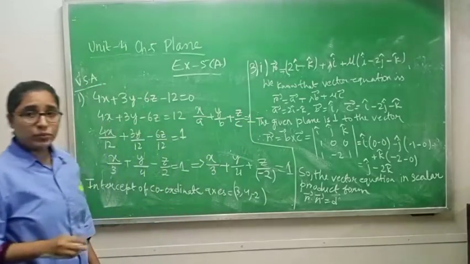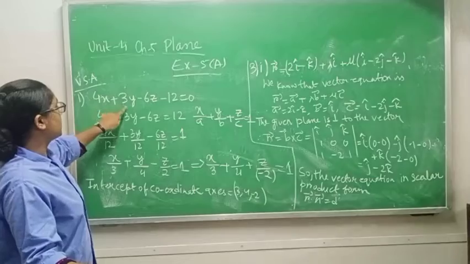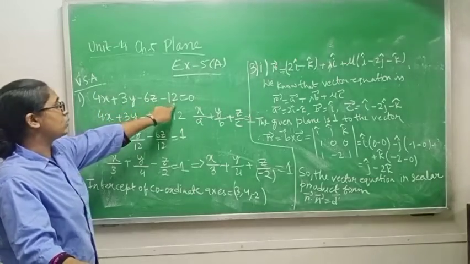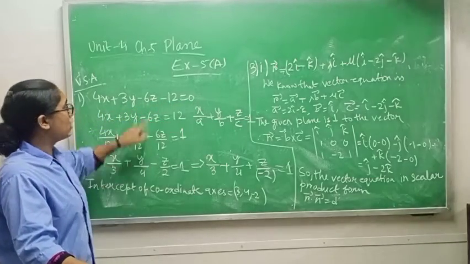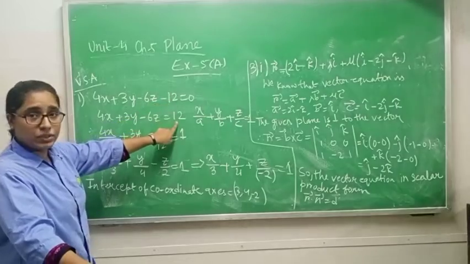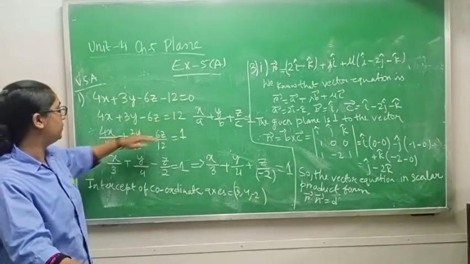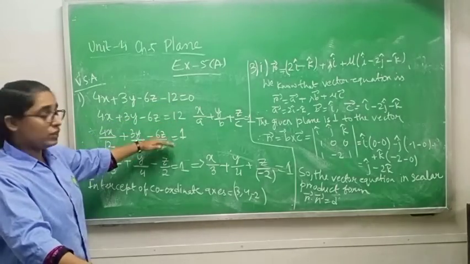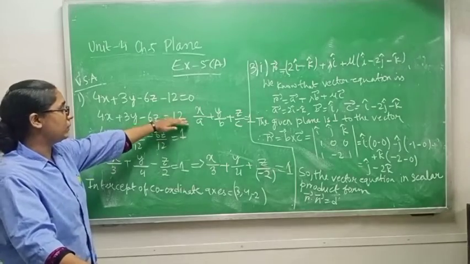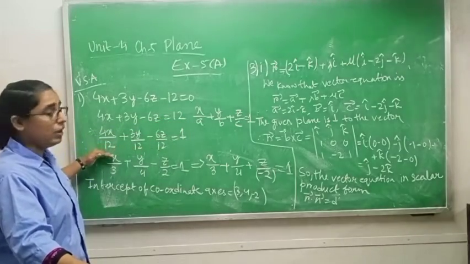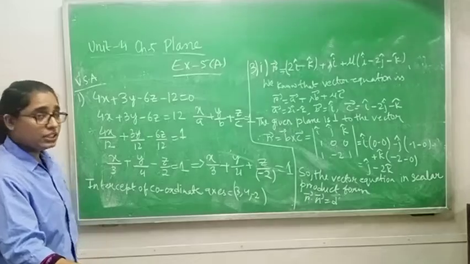This is your intercept form. So it is given 4x plus 3y minus 6z minus 12 equals 0. So first of all, I am taking minus 12 to this side, it will become plus 12, and now this 12 will come in division, it will divide each term.